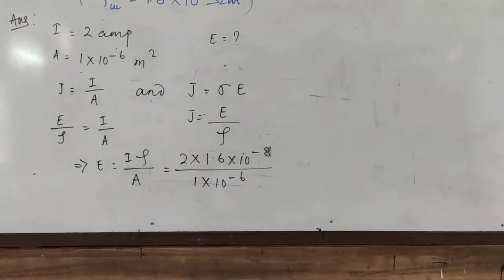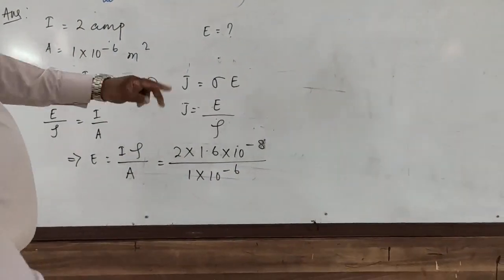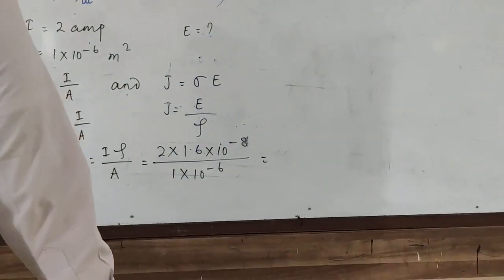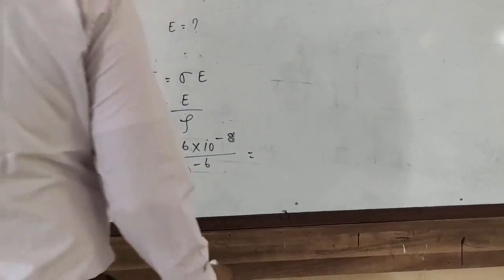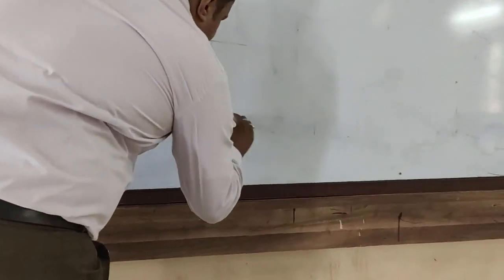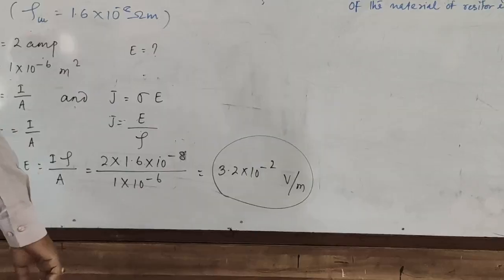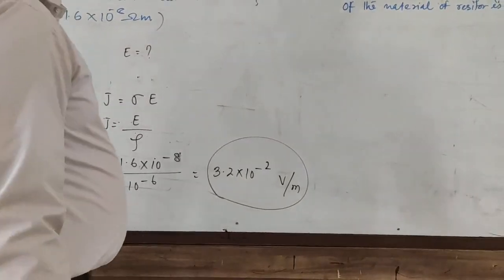If you put all these values and calculate, you will get the electric field equal to 3.2 into 10 to the power minus 2 volt per meter.